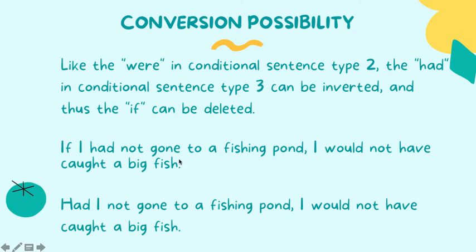And this composition can be inverted by deleting the if, but the had position is in the beginning. From if I had not gone becomes had I not gone. So had is in the beginning of the sentence and then followed by I and verb 3, but there is no if. Okay, so that's the possibility of conversion using conditional sentence type 3.